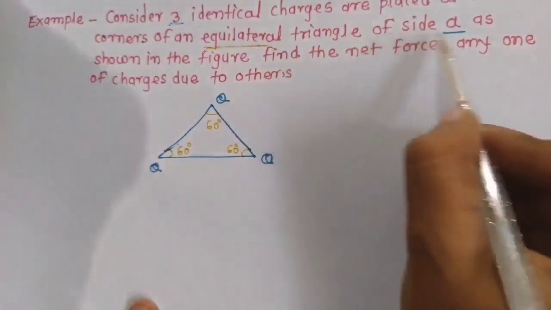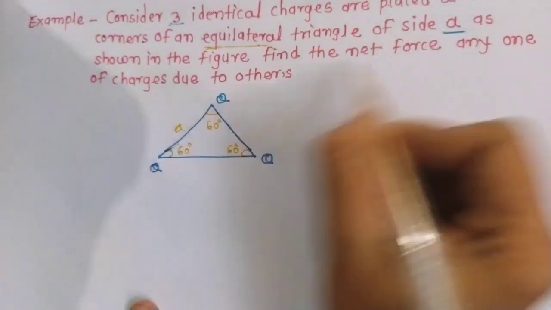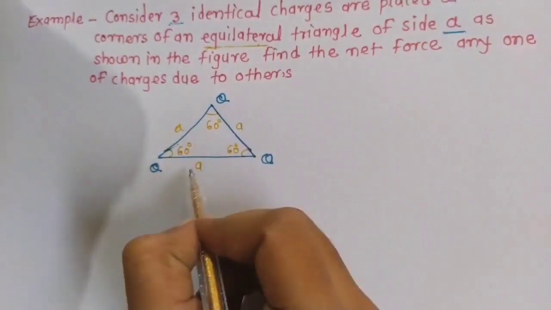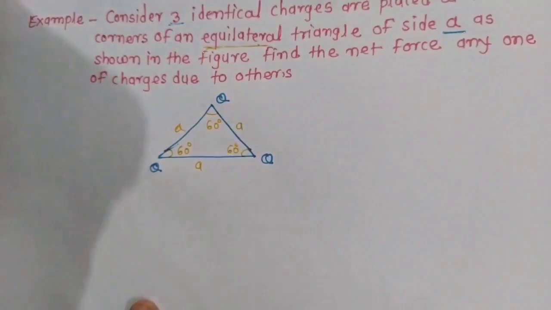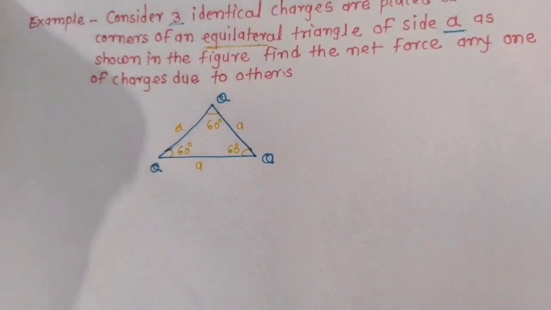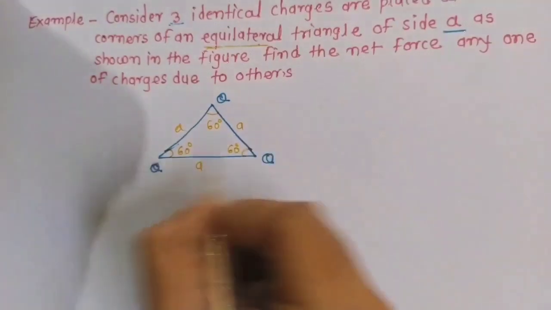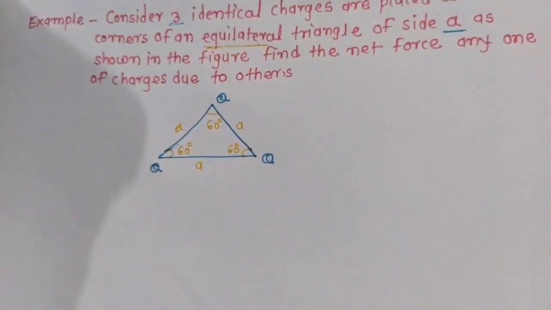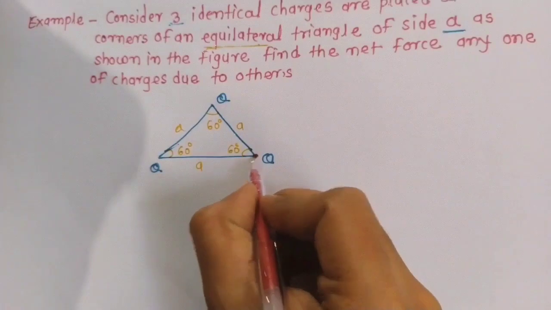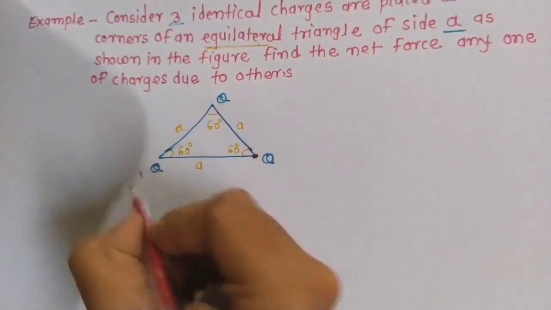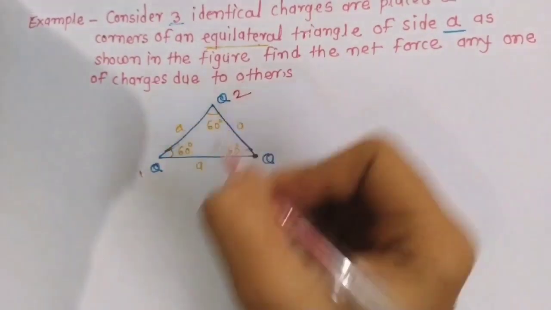The side of the equilateral triangle is A, and all sides are the same, therefore this is A. We have to find the force on any one charge due to the other two charges. So we take this charge and find the force on it due to the other two charges, this is 1, this is 2.